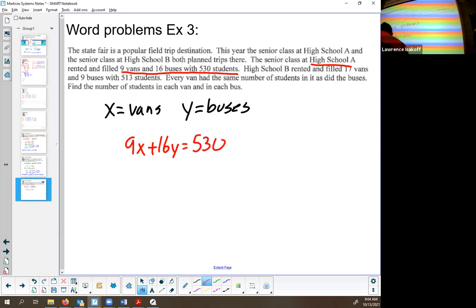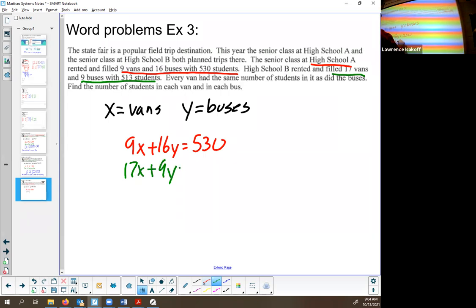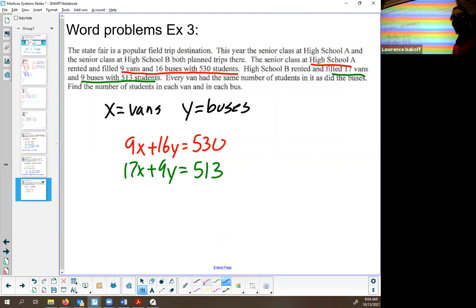That is perfect. Okay, let's try high school B the same way. And thank you for that answer, by the way. 17 vans, 9 buses equals 513. How would we write that? 17x. Thank you very much. And that is absolutely correct as well.